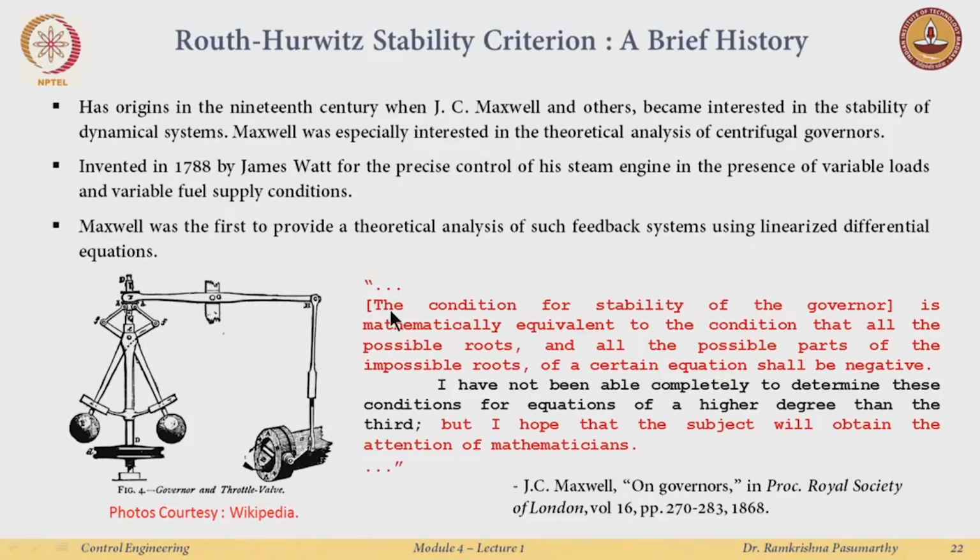So, what Maxwell said is that the condition for stability of the governor is mathematically equivalent to the condition that all the possible roots, and all the possible parts of the impossible roots of a certain equation shall be negative, right. They did not define this formally because they did not have a notion of right half plane, left half plane, stable roots, unstable roots, marginally stable roots and so on.